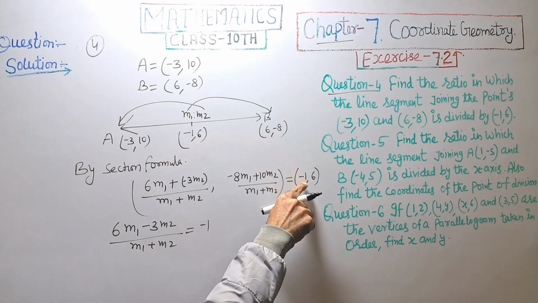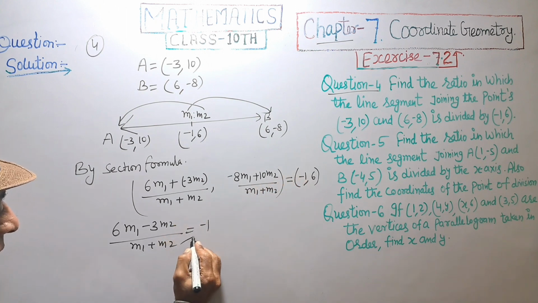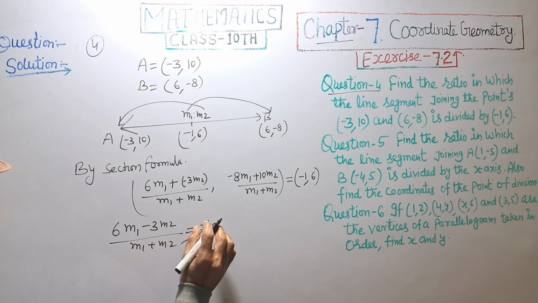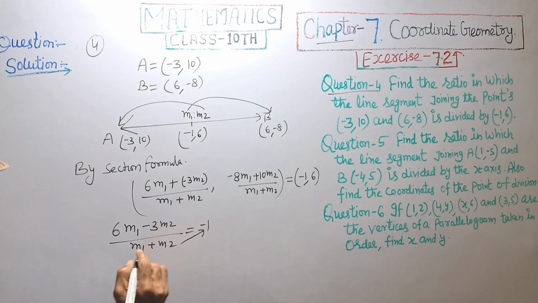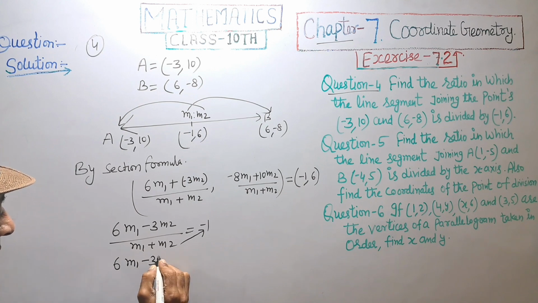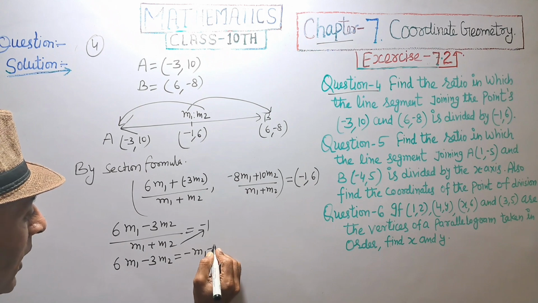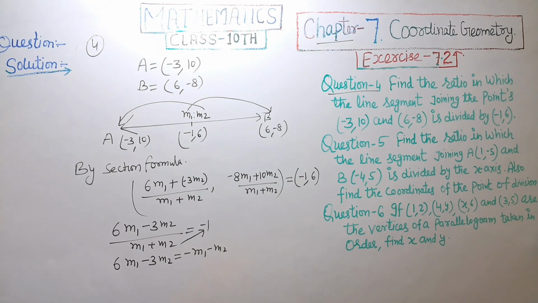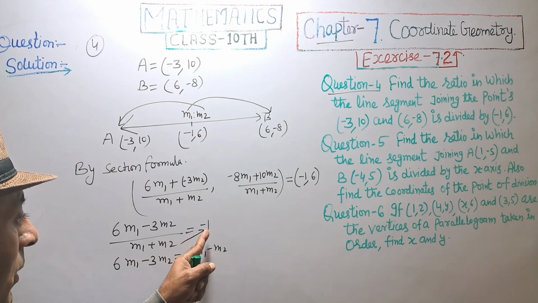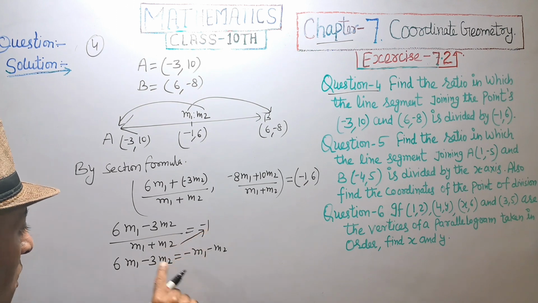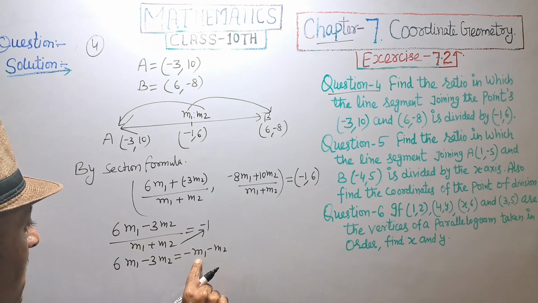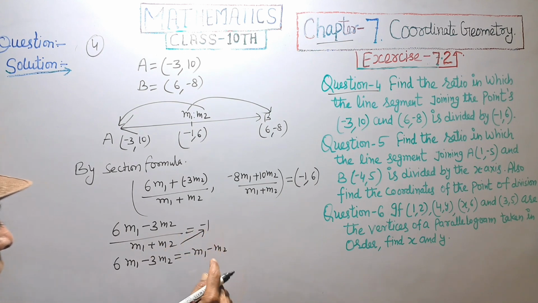Comparing the first coordinate, multiplying M1 plus M2 by -1, we get 6 M1 - 3 M2 is equal to -M1 minus M2. M1 plus M2 is directly cross multiplied by -1, so it gives -M1 minus M2.